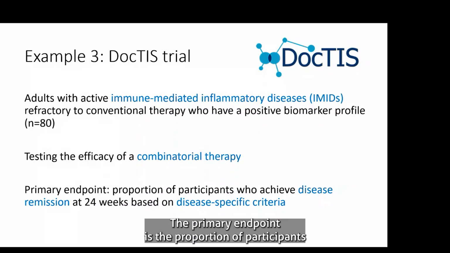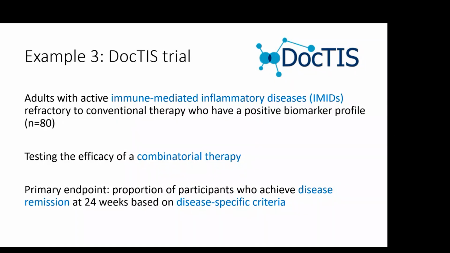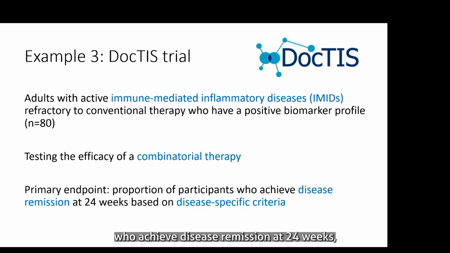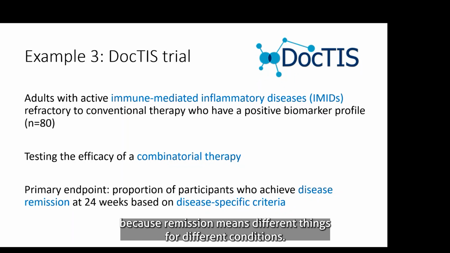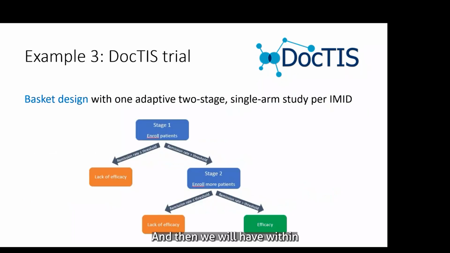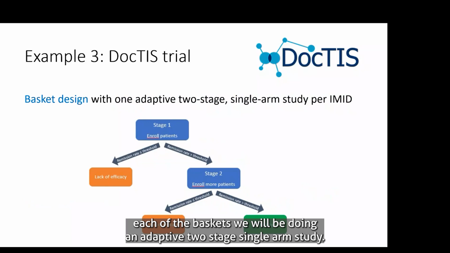The primary endpoint is the proportion of participants who achieve disease remission at 24 weeks. And the criteria for that will have to be disease specific because remission means different things for different conditions. Within each of the baskets, we will be doing an adaptive 2-stage single-arm study.